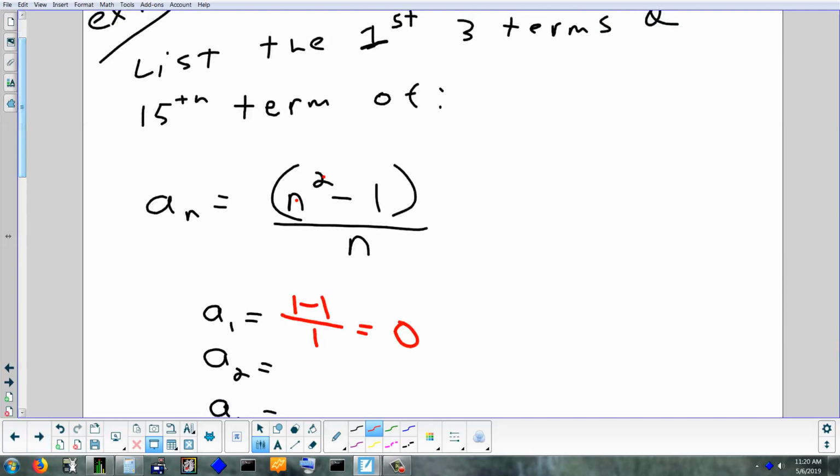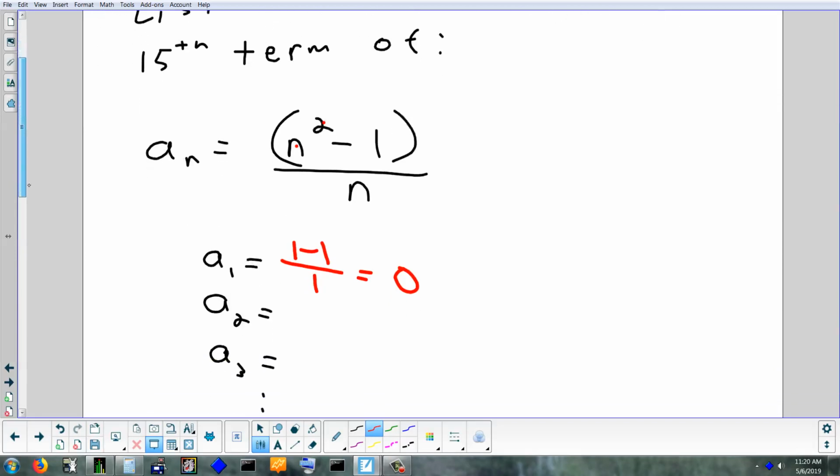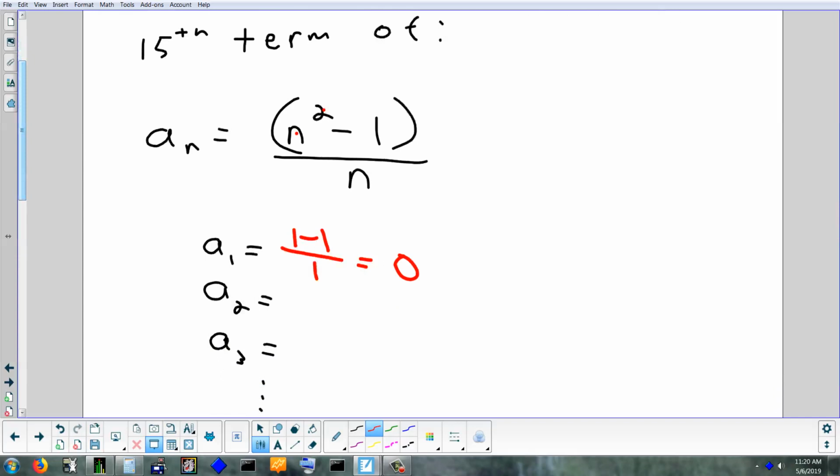So this particular sequence, the first term is 0. Emily, to get the second term, what would I plug in? 2. And what's 2 squared? 4. So 4 minus 1 divided by 2. So if I do that up, Chris, you can just leave it as a fraction. What would I get? 3 seconds. 3, yep. 3 seconds, 3 halves.